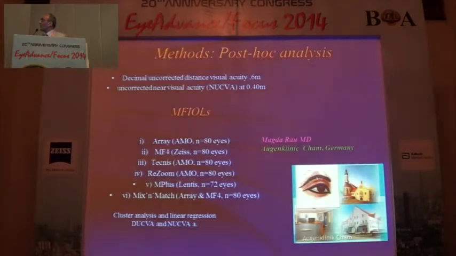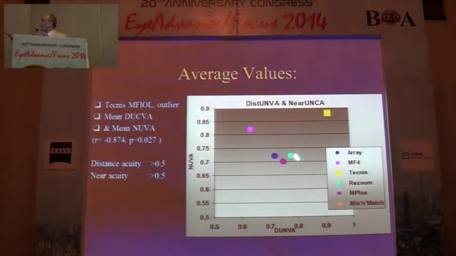So continuing with this theme, we looked at some of the data from Magda Rao's clinic, where she has had extensive experience of a range of near and distance correcting modalities, which is summarized in this chart here. And by looking at her data, which was independently collected, what we found was there was almost an inverse relationship when we averaged the data out between distance uncorrected visual acuity and near uncorrected visual acuity.